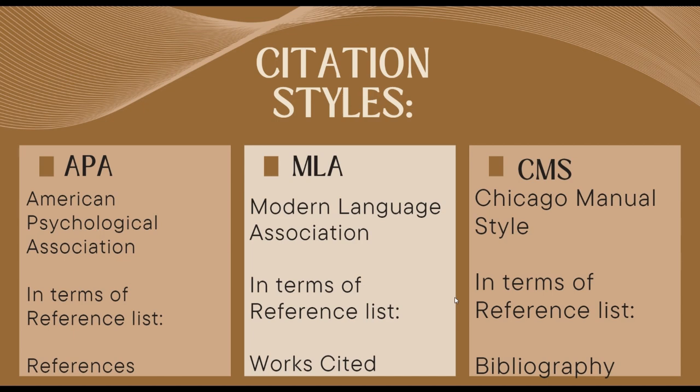Lastly, the CMS, which stands for the Chicago Manual of Style, and in terms of the reference list, it is labeled as the bibliography. The Chicago is mainly used in historical papers.